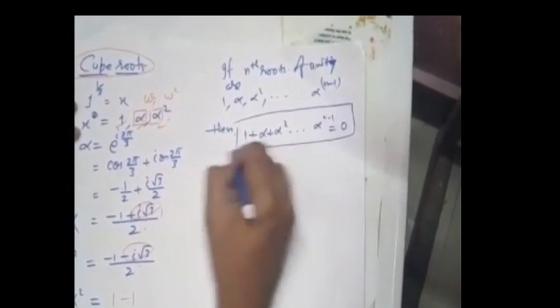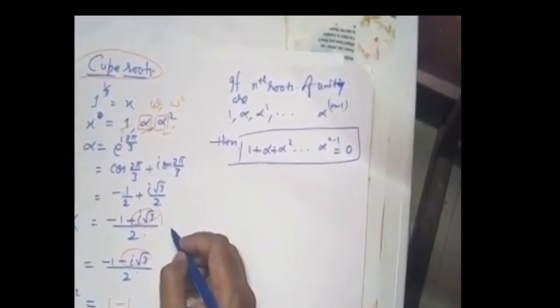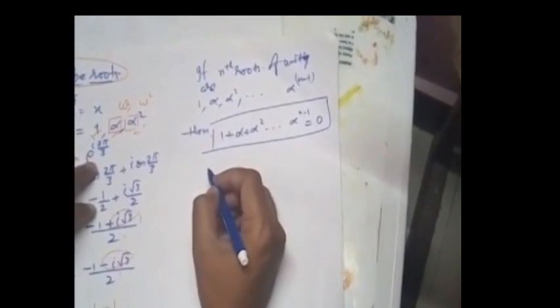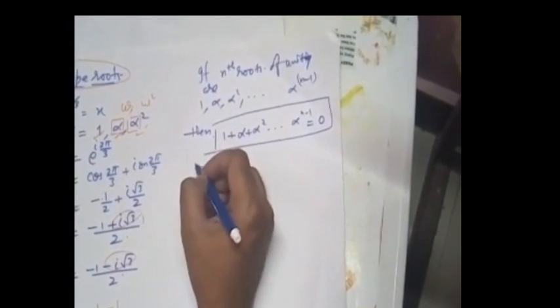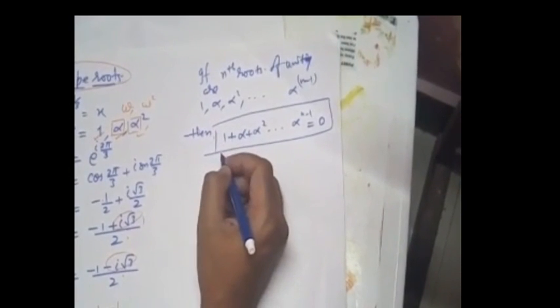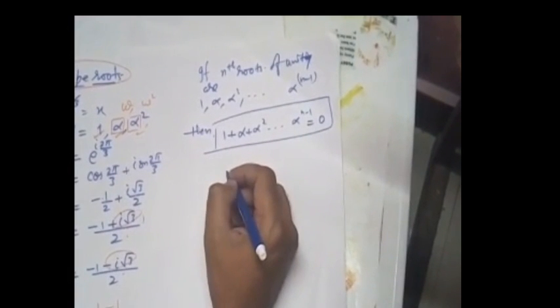Yes, this is very important. So many useful things we can find also. The cube roots of unity are very important. Many times questions based on this concept are asked, and that is very important.